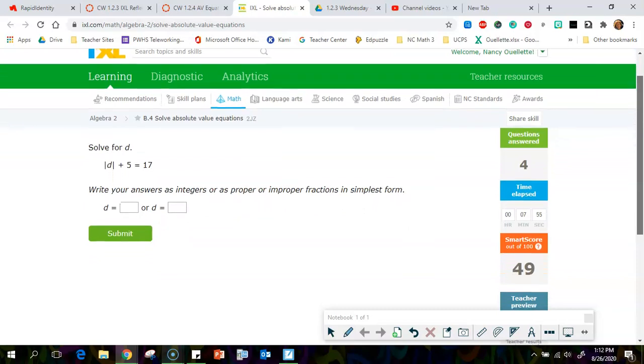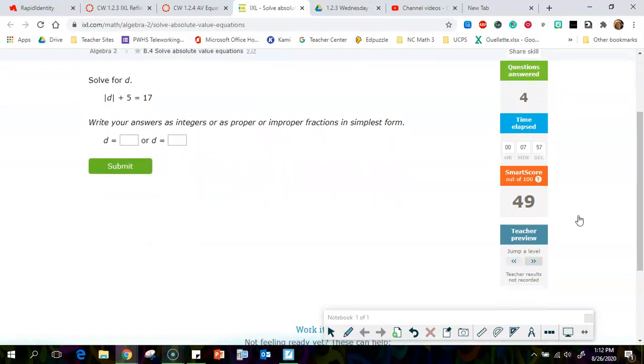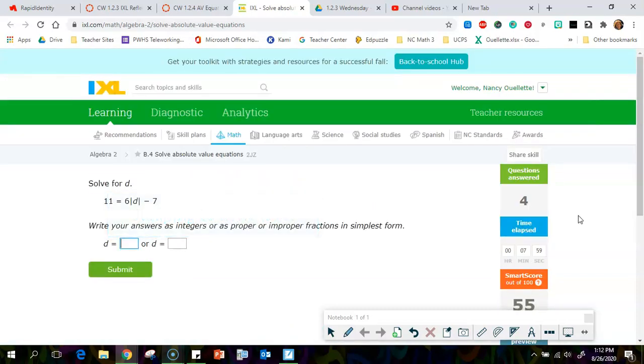Let's see. Let's jump another level here. Make it a little bit more difficult. Okay, so first thing I would do is I would rewrite the whole thing, putting this part on the left. Then I would isolate this part right here, the d part.